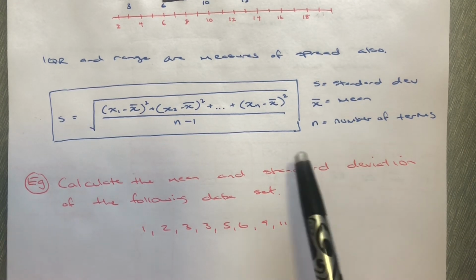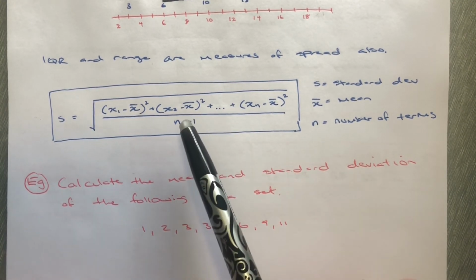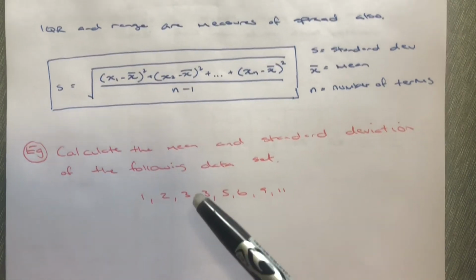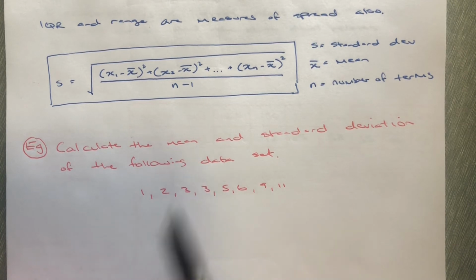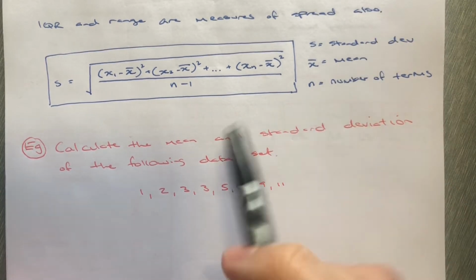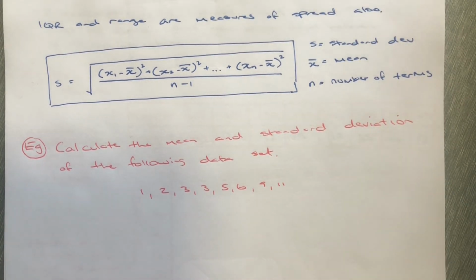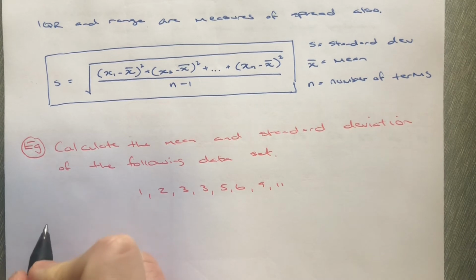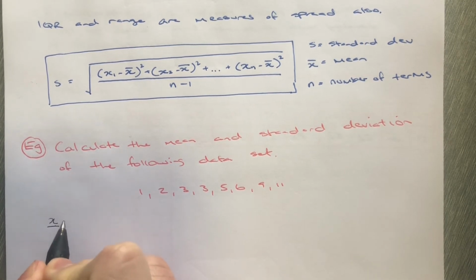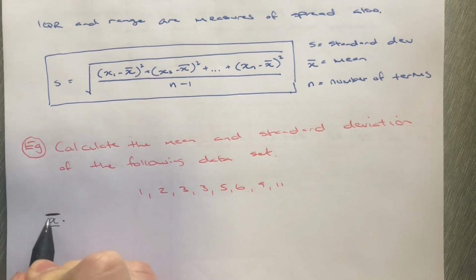Okay. All right, so let's use this formula to work out the standard deviation of this data set. But we're going to need the mean first because that's what the question asks. So calculate the mean and the standard deviation. Let's forget about the standard deviation for now. We'll just do the mean. To work out the average, we just add all these up and divide by the amount that we have. So, oops, should be up the top, not down the bottom.